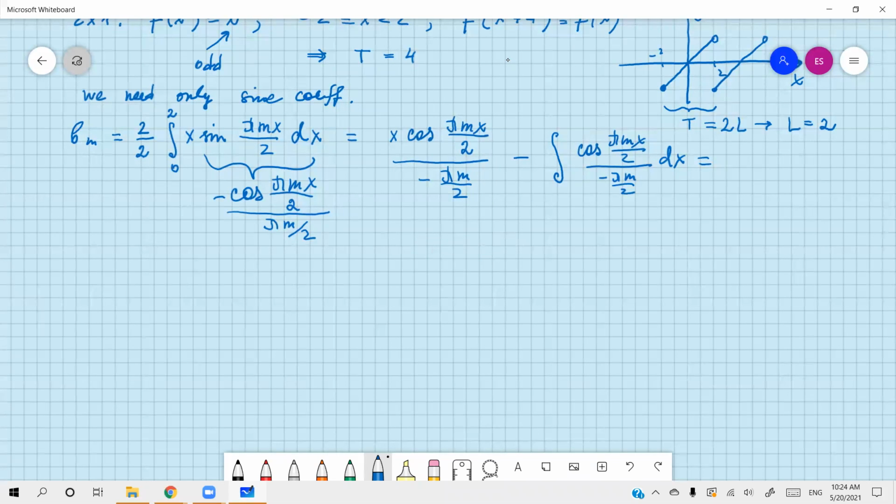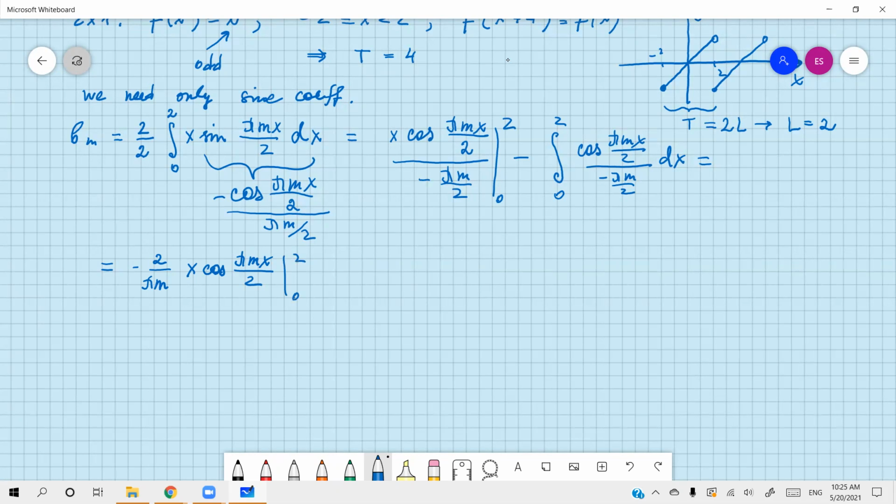It's just a very boring procedure. So I'm going to modify the first term a little bit. I'm going to write it down as minus 2 over pi m x cosine of pi m x over 2. I forgot to place limits here and the limits here, okay?